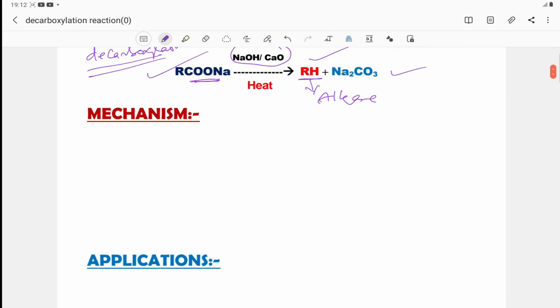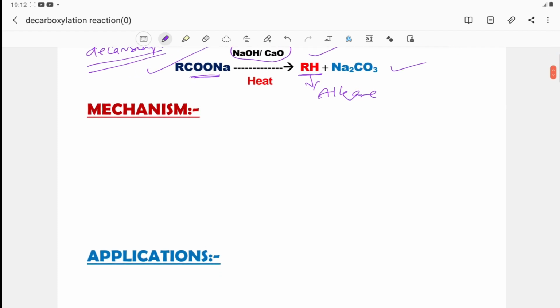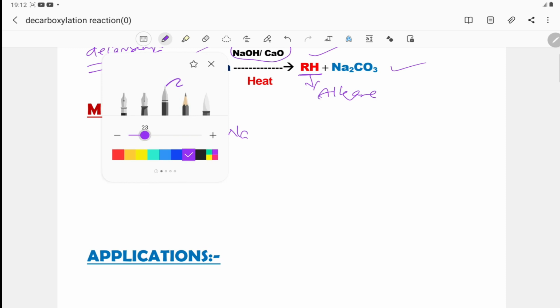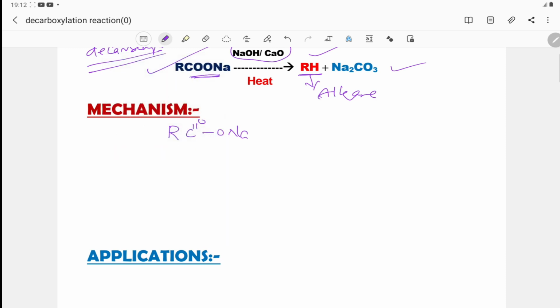In the mechanism, you take the sodium salt of carboxylic acid, let it be R C double bond O O Na. This is the sodium salt of carboxylic acid.